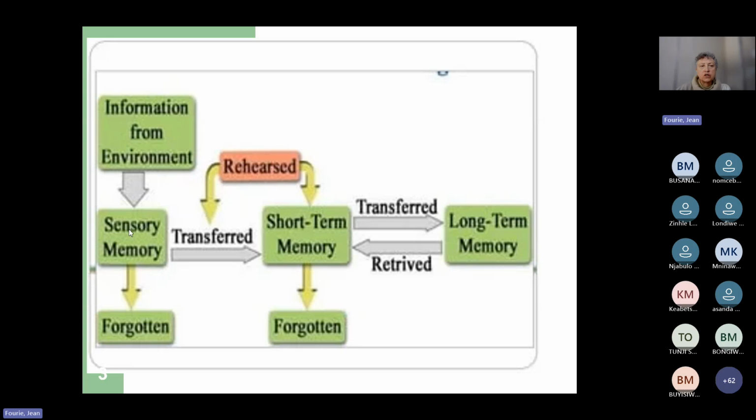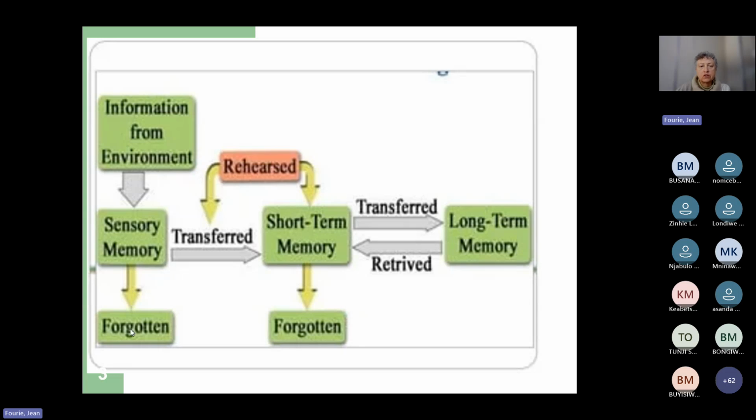In fact, we engage with the world through our senses of hearing and sight and touch and taste. So our senses have very, very short memories called sensory memories. And at that stage of the information engaging with the sensory memory, a lot of information is forgotten.